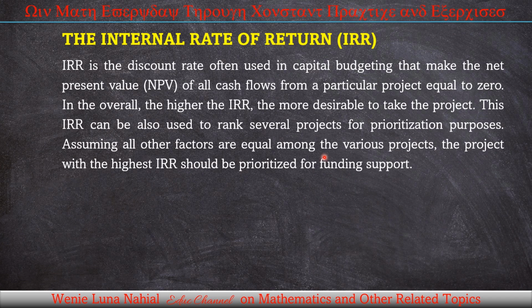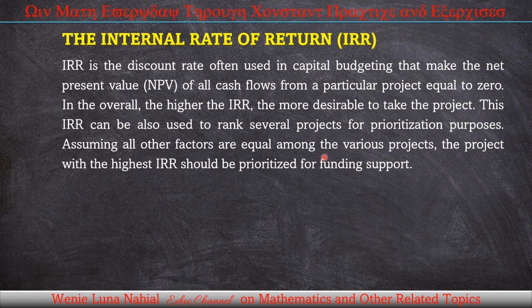Now, let's have the internal rate of return, IRR. IRR is the discount rate often used in capital budgeting that makes the net present value of all cash flows from a particular project equal to 0. In the overall, the higher the IRR, the more desirable to take the project.